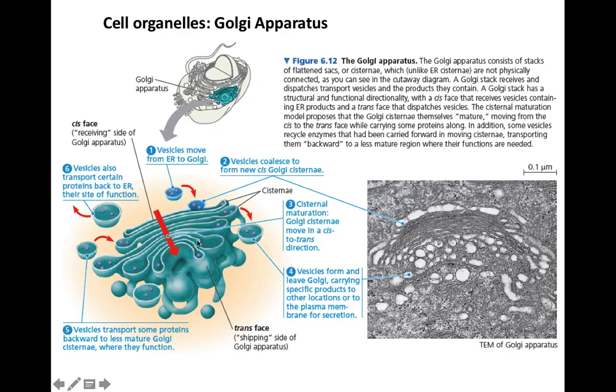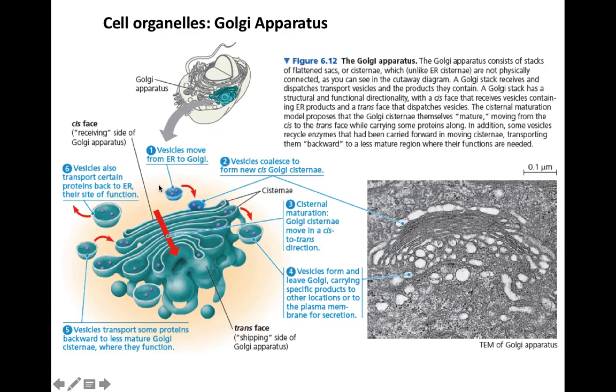Tagging is more like a zip code, like when you're shipping something to a destination. It's more like an address where that product needs to be transported, and that's the fourth function, transportation. So receiving, sorting, tagging, and transportation, these are four different functions of the Golgi apparatus.